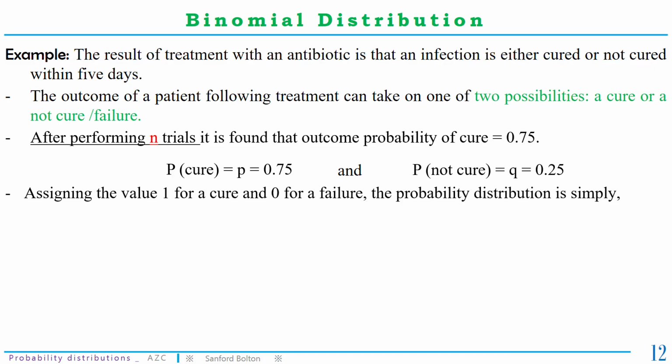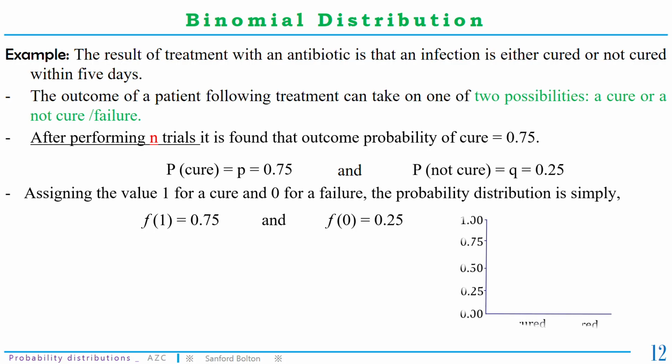Assigning the value 1 for a cure and 0 for a failure, the probability distribution is simply F1 equal to 0.75 and F0 equal to 0.25. The probability distribution of a binomial outcome plot is shown here.